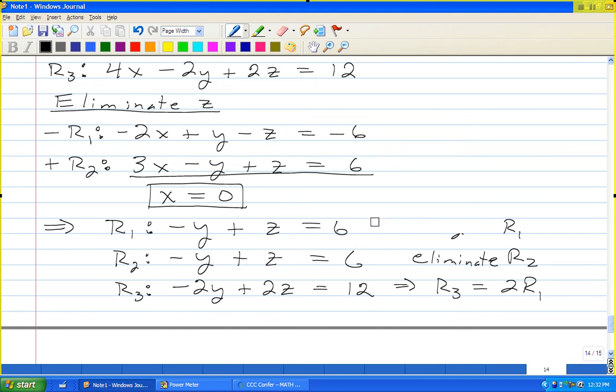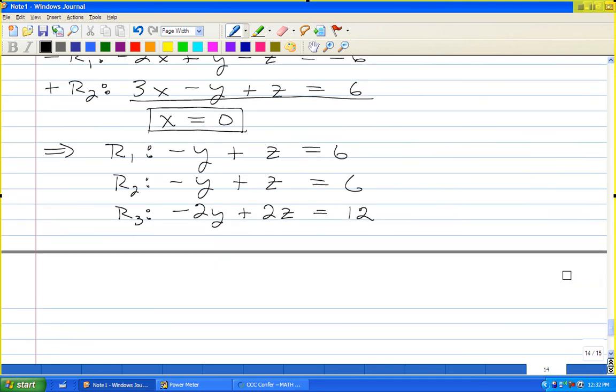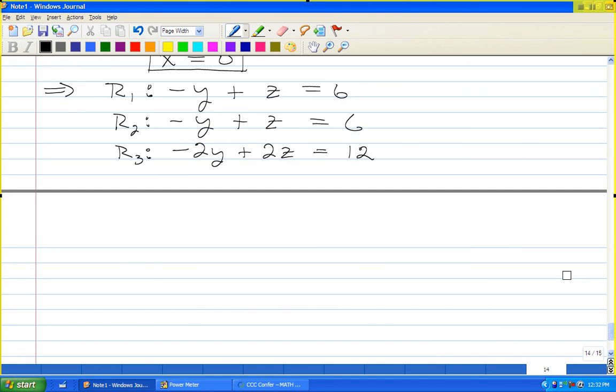Maybe what I'll do is I'll just actually eliminate these, and you'll see what happens. So really, all these three are the same. And maybe I'll call them S's rather than R's, just so you can see I plugged in 0 for x. So I'll call them S1, S2, S3.